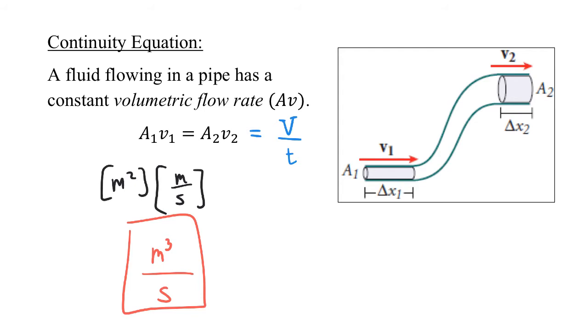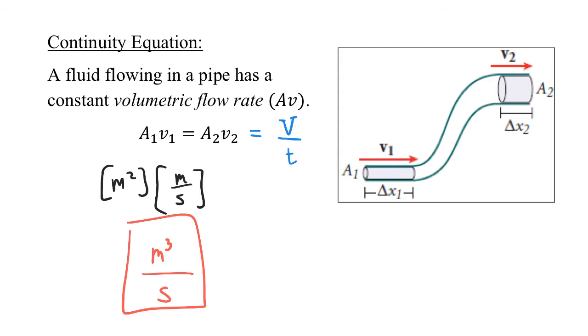Gas stations. When you pump gas, it's flowing at a rate in gallons per minute. Gallons per minute is an example of a volumetric flow rate. Gallons is volume, minute is time. Same thing as this: cubic meters is volume, over seconds, which is time.